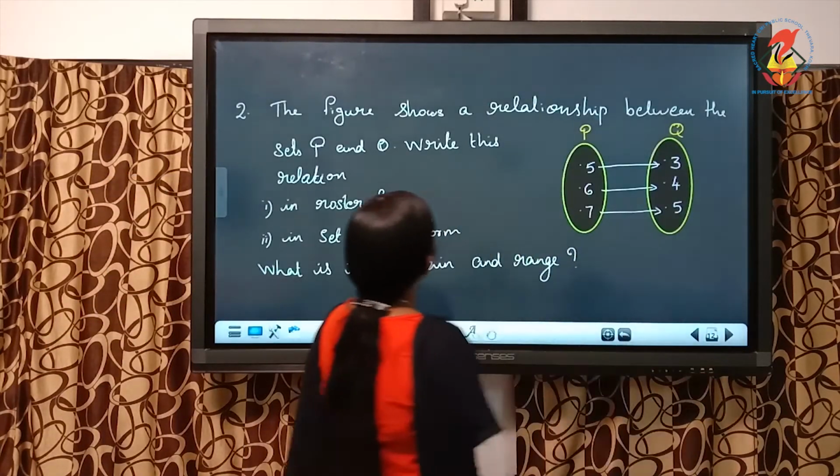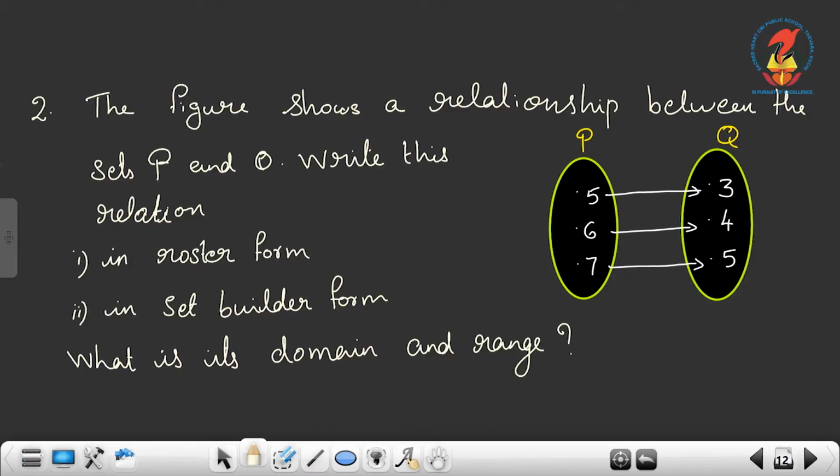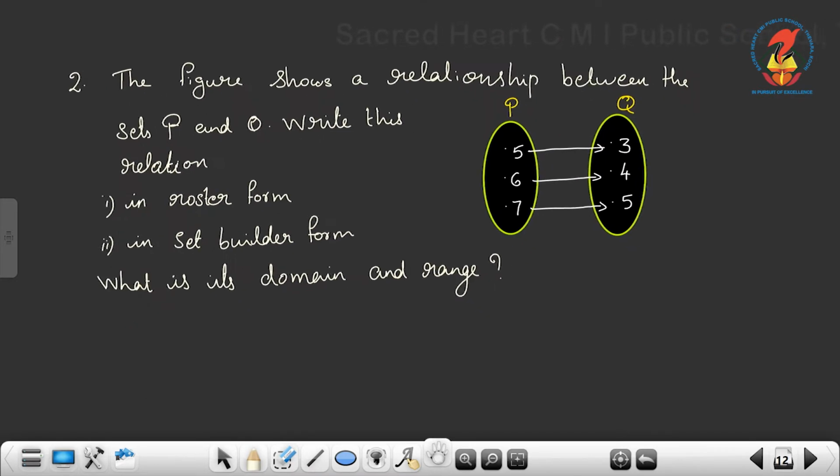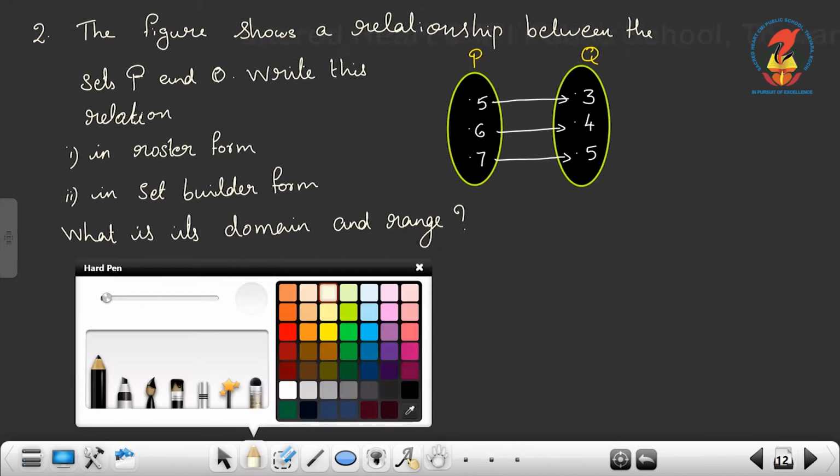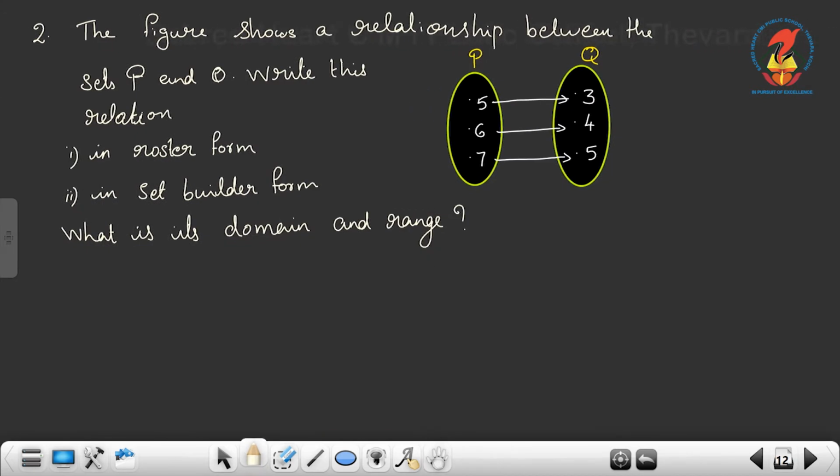In the next question, this figure shows a relationship between the sets P and Q. Write this relation in roster form, set builder form. What is the domain and range? So first we can write in roster form.